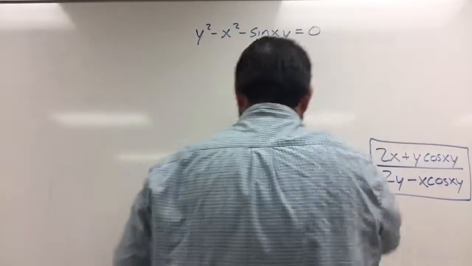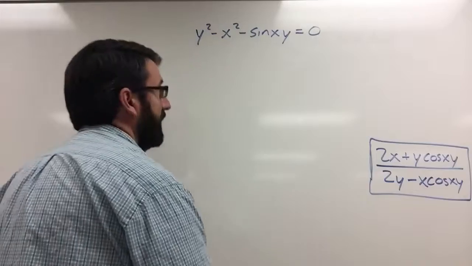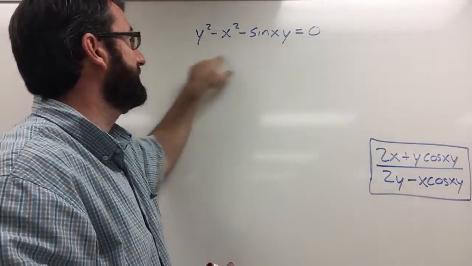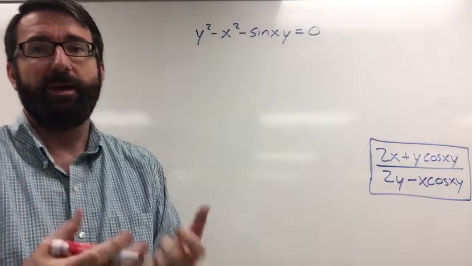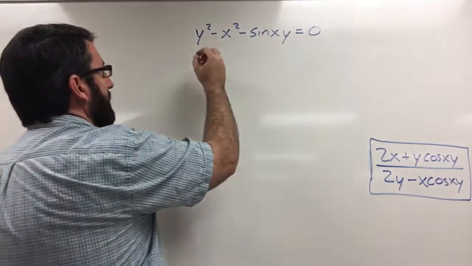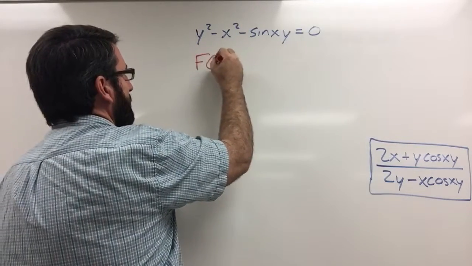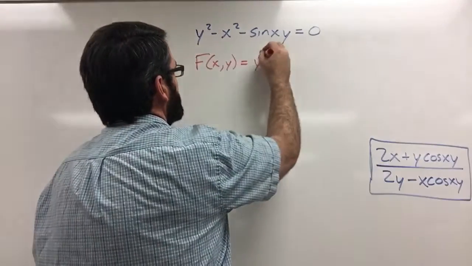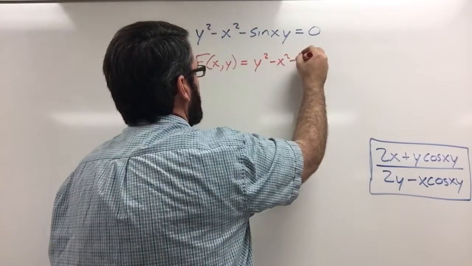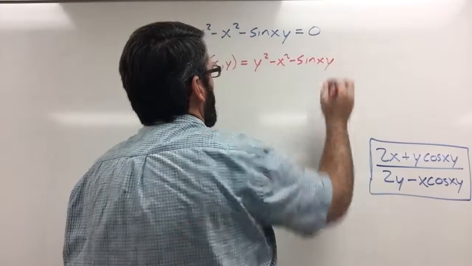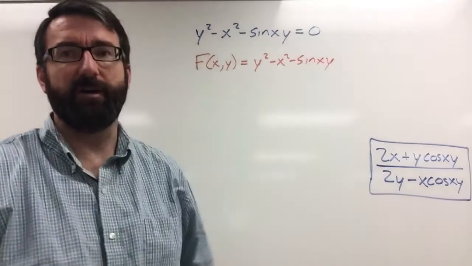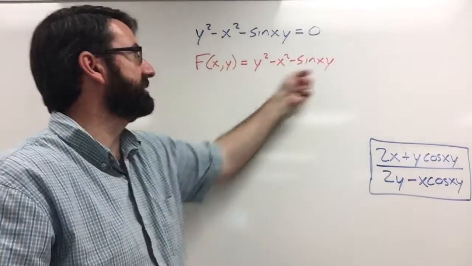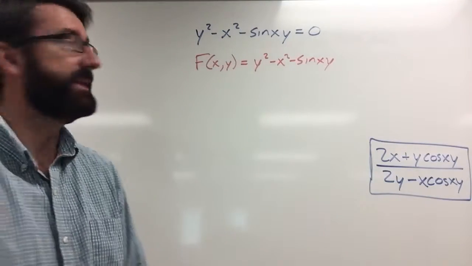So, all right, what we want to do is take all of this that's equal to 0, and call that capital F of xy, which is equal to y squared minus x squared minus sine xy. So now instead of a function with an independent and a dependent variable, we've created a function of two independent variables.